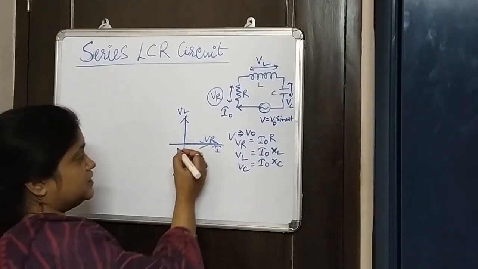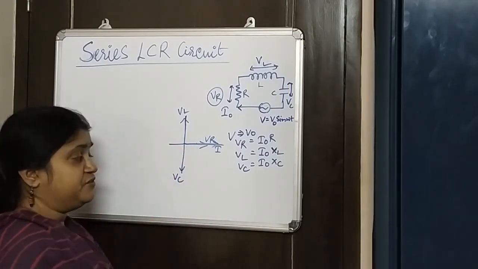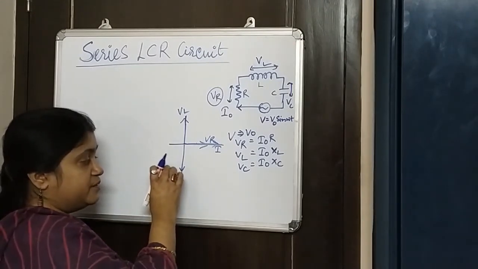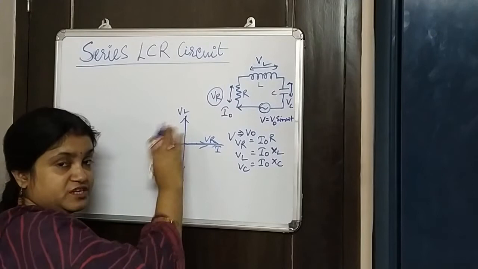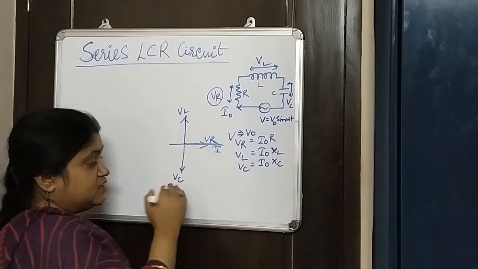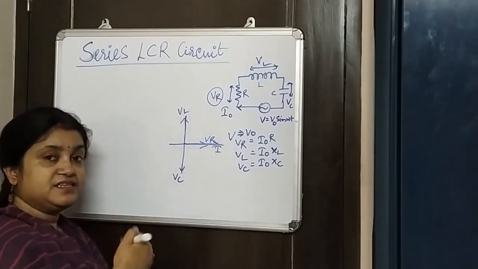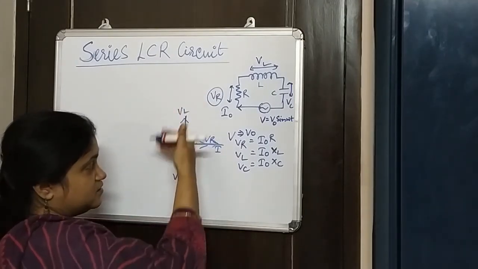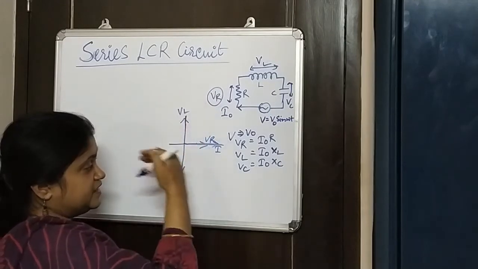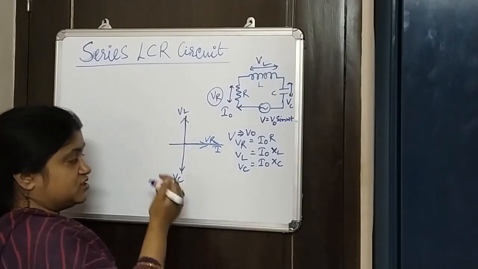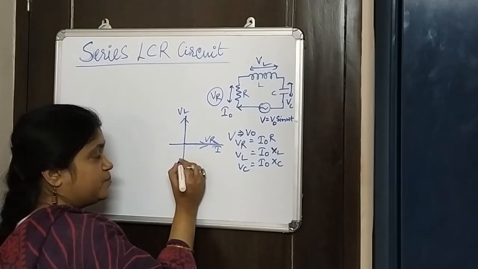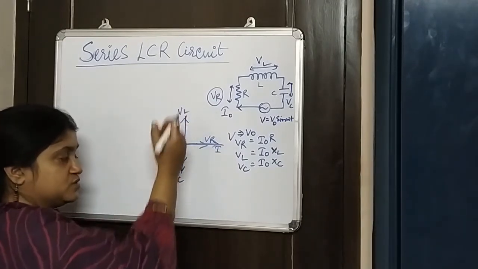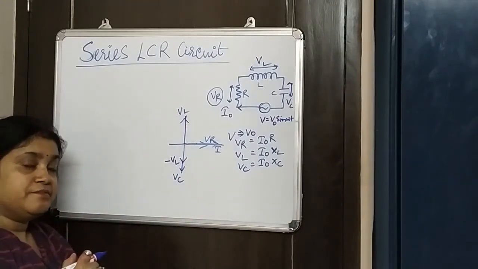Now let's suppose we are choosing a particular direction for the calculation part. You see VC and VL, they are in opposite directions. So if I just try to bring it in this direction, then we can show this as minus VL. So this side we can show it as minus VL.